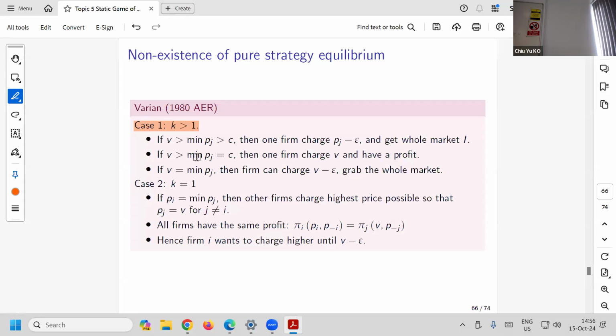Now consider there's only a single firm that charges the lowest price.